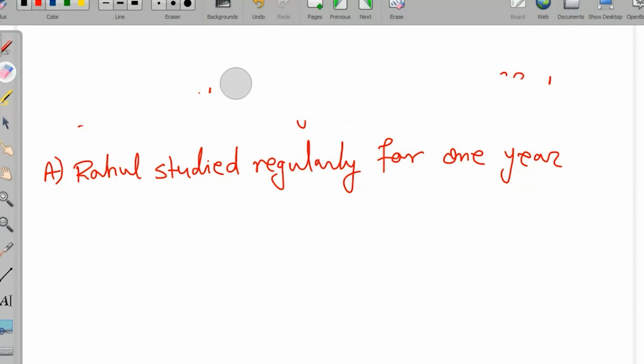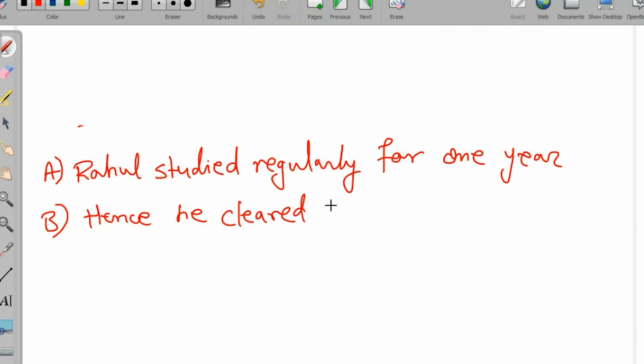We can say that this is result and reasoning, or reasoning and result. So Rahul studied regularly for 1 year, and there is statement B which is saying hence he cleared the exam.